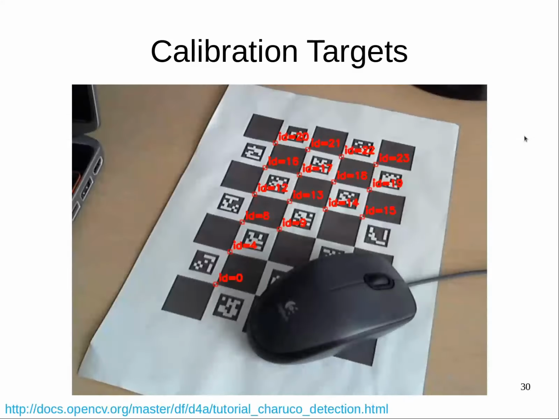So just to show you an image of it, this is what you see here. So we again have the checkerboard, and we have these markers, and this marker basically tells, okay, this is ID 20 over here, and this marker says, okay, it's ID 0 over here. And we have it obstructed by the mouse, and we still can detect the corners which are visible.